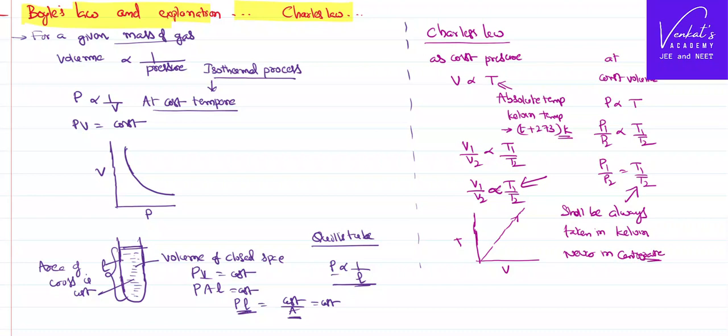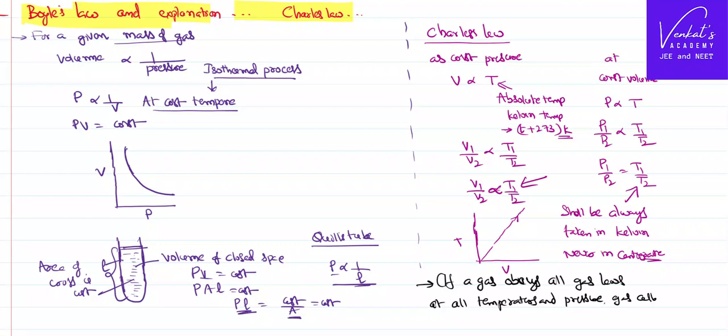In fact, if a gas obeys all gas laws, like Boyle's law, Charles' law, Avogadro's law, at all temperatures and pressures, that kind of a gas is called an ideal gas.